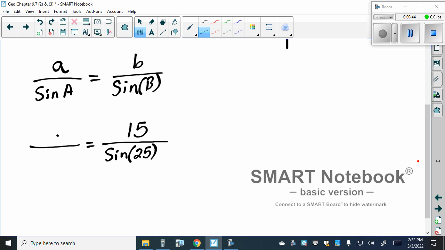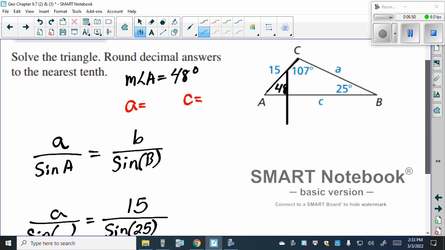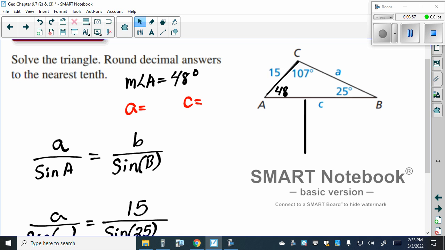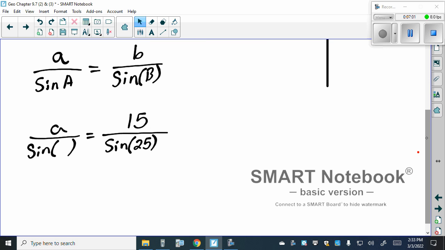Now we started off with finding A. Now our angle opposite A is 48. So the angle that goes inside sine under A is 48.